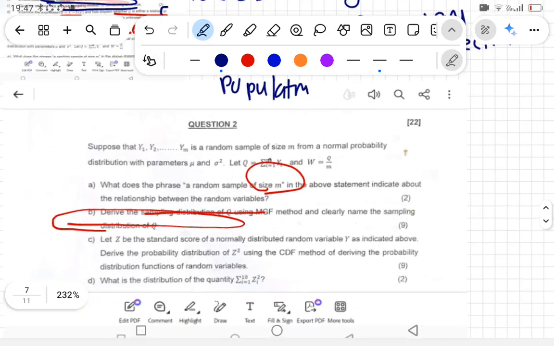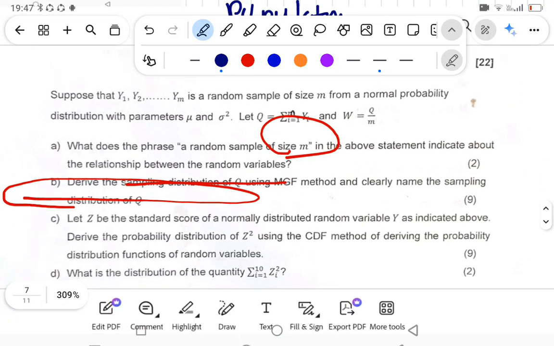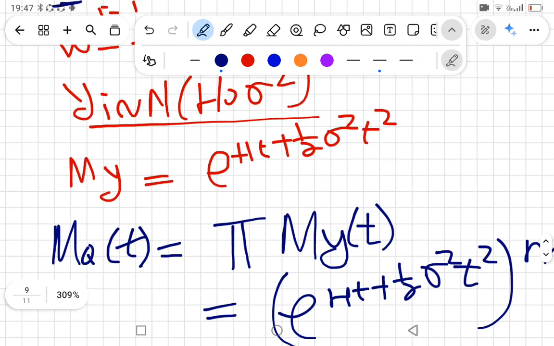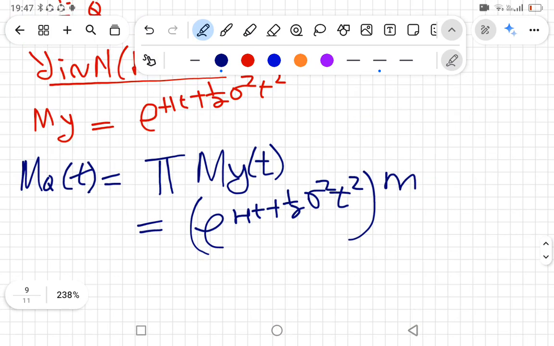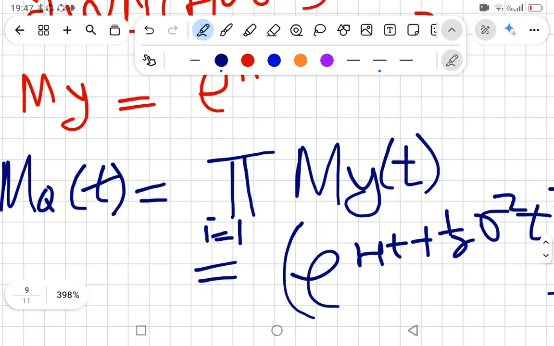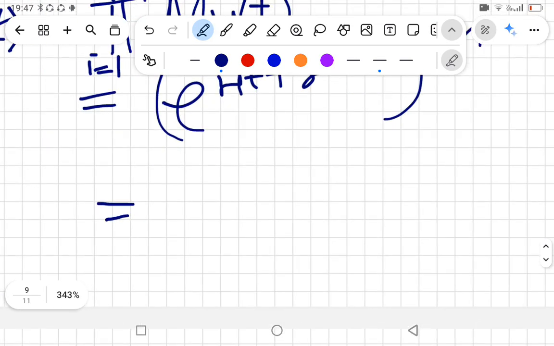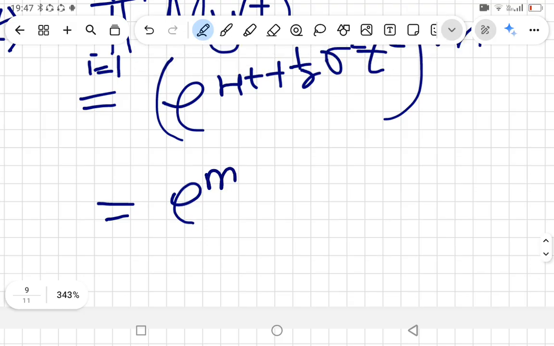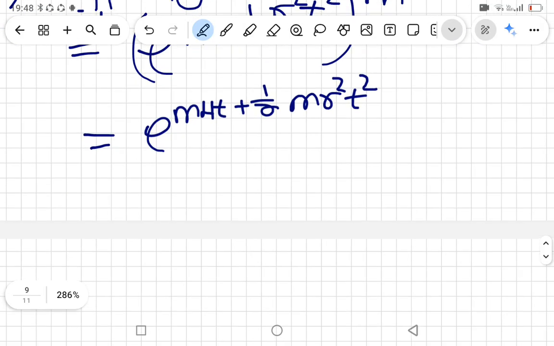Because we're starting from i equal to 1 up to M, this will be equal to e to the M mu t plus half M sigma squared t squared.